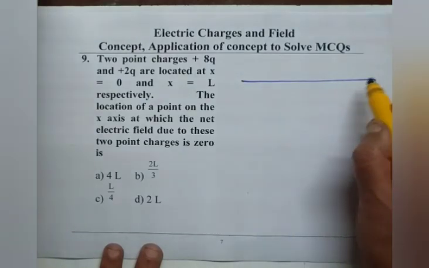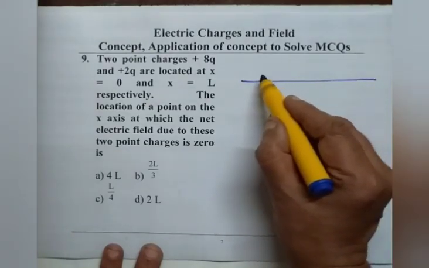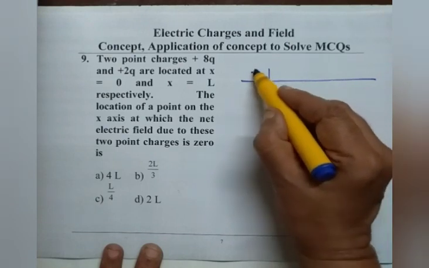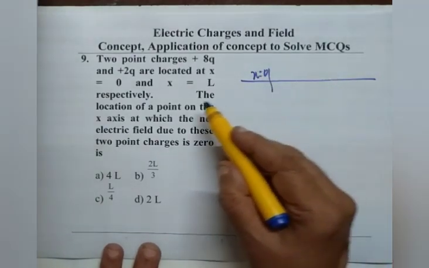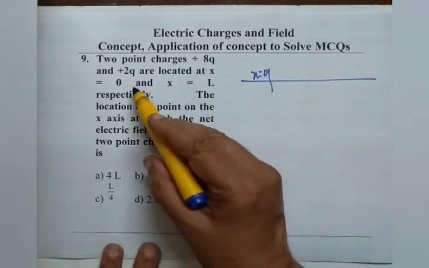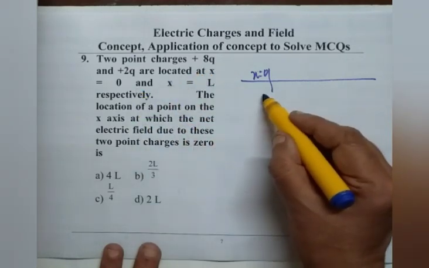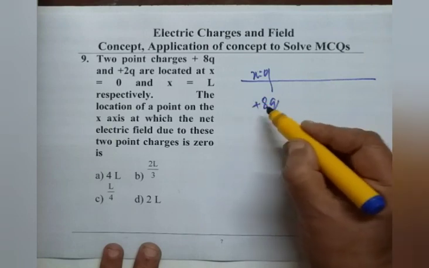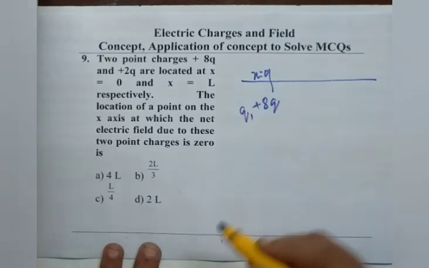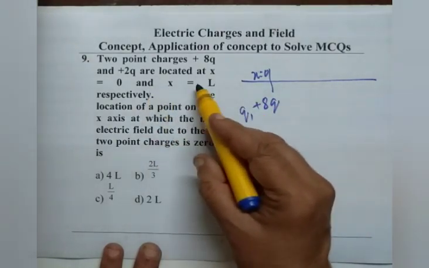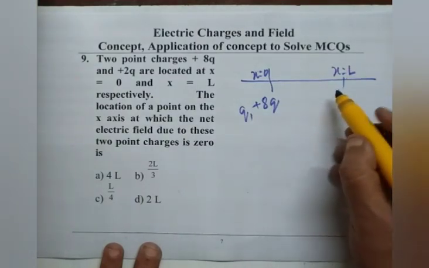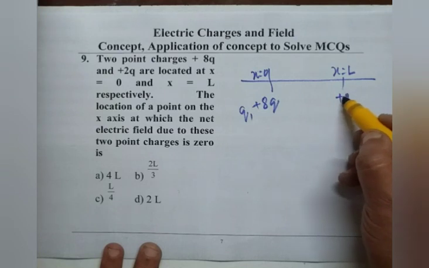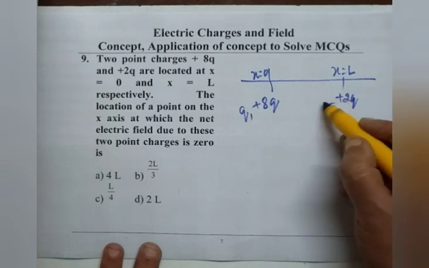We are given the x-axis, say the origin is this one, x equals 0. And we place 8Q at the origin. So plus 8Q is there. We call it Q1. And at x equals L, we have another charge plus 2Q. We call it Q2.